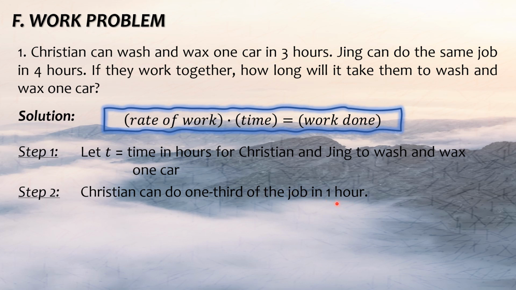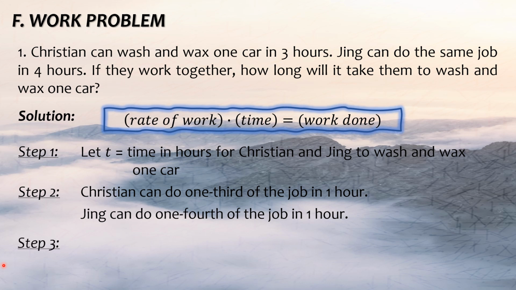Kapag naman 2 hours, 2/3. Kapag 3 hours, kabuuan ng isang sasakyan. Jing can do 1/4 of the job in 1 hour. Paano naging 1/4? Sa loob ng 4 oras, yung isang oras nga ay 1/4 lang ang nalilinis niya sa sasakyan.